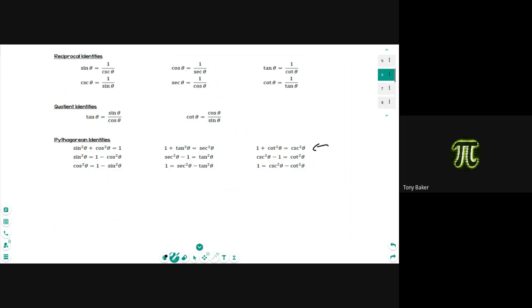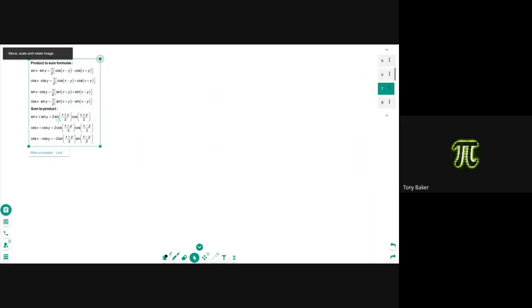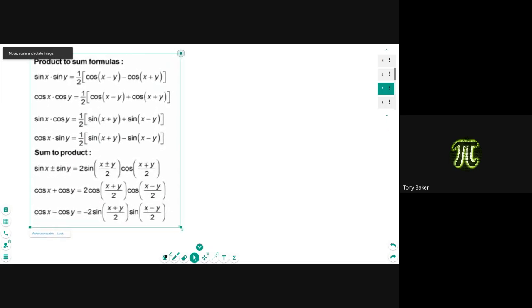So you're not really going to use these as often. These we really won't use that often because those have different variables in them. And most of the stuff that we're going to be dealing with is single variable.